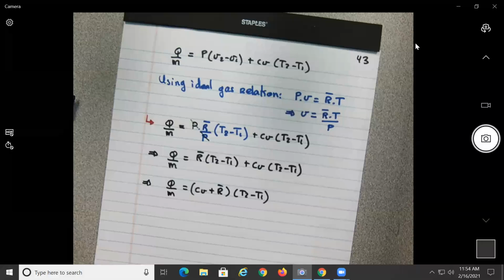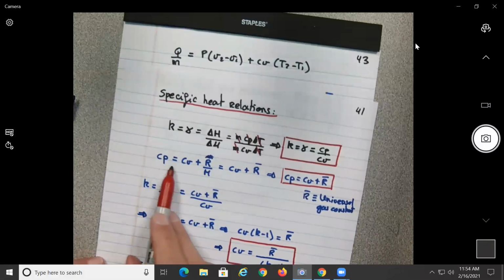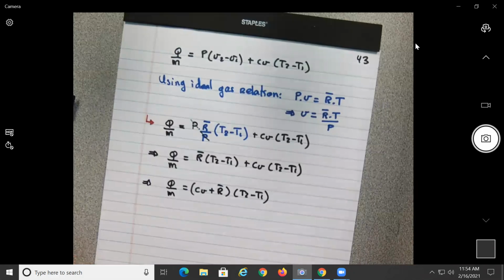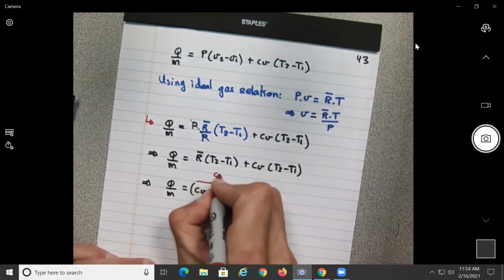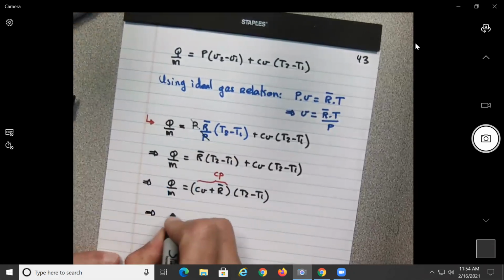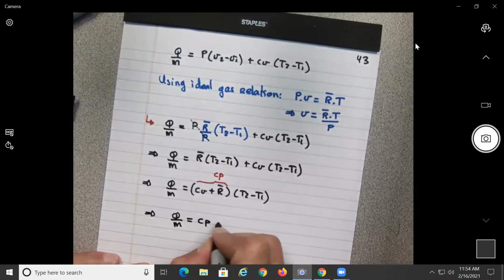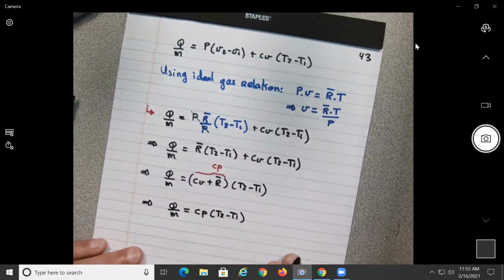And what is the definition of Cp? Cp is Cv plus R bar, no? So this is really Cp over here. So at the end you see that this is also equal to Q over m equal to Cp (T2 minus T1).